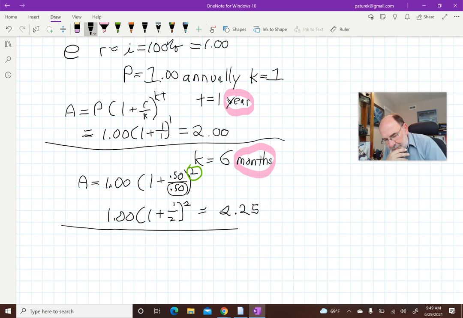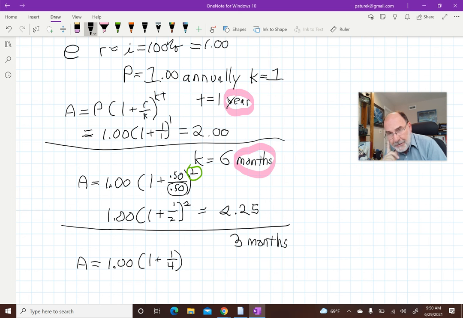I can tell you what the next one should be like. For the next one, suppose you compound it every 3 months. Then A is equal to 1, open parentheses, 1 plus 1 divided by 4, because there are 4 times you're going to compound it in 1 year.